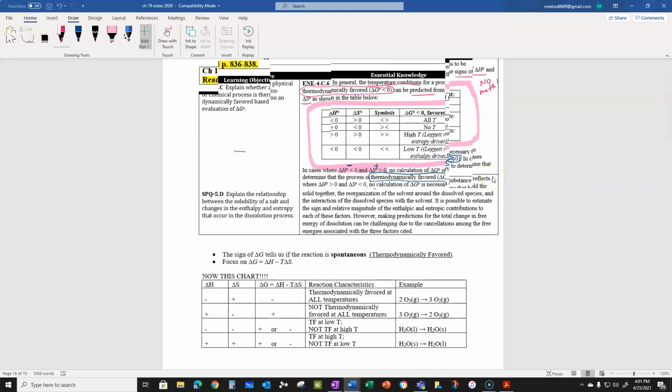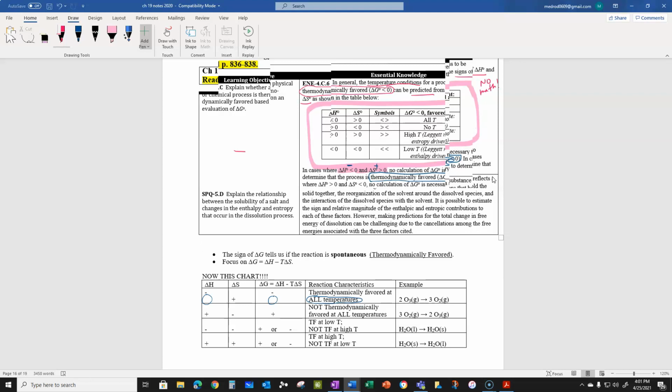And as you see right here, H is negative, calculating for G is negative. It will always be thermodynamically favored at every temperature, high temperature, low temperature, any temperature.